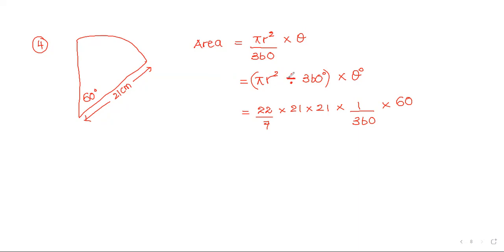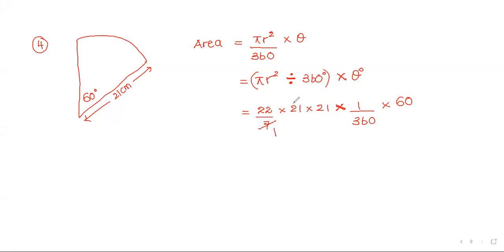And this division, I converted into multiplication and I got the reciprocal of 360, that is 1 over 360. Then I have again the multiplication and the theta value, that is 60. Then we'll see how we can simplify this.